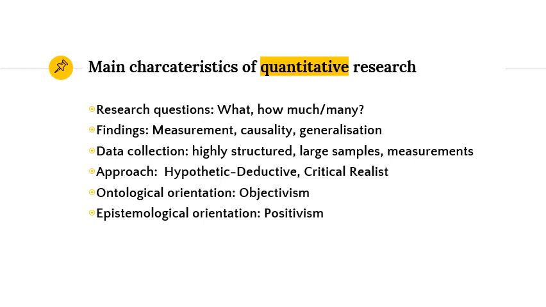Let's say that in a qualitative study, we do a case study, and we realize that the boys do better in mathematics than girls because, and this is what we found in our case study, teachers have higher expectations for boys than for girls, and this is a finding. But the problem, or the problem is not really a problem, but the thing is that we did a qualitative study.